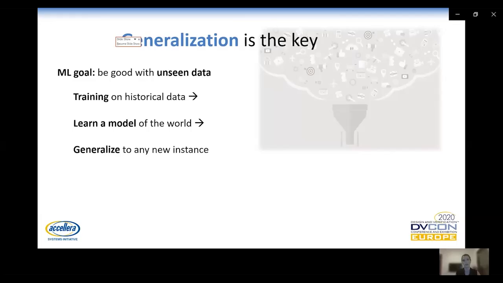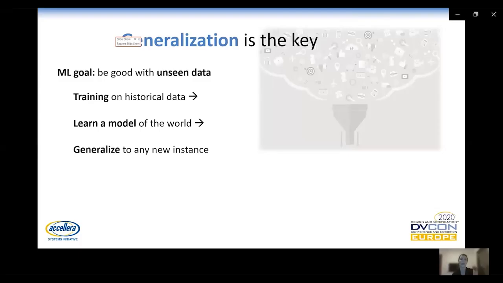So we need to find the balance between being too general, meaning that the trained model will not be accurate enough, and being too specific to the examples that we have seen in the historical data. Then when unseen data arrives, it won't be able to predict accurately. And this is the art of data science: to generate a model that is robust enough to meet those two trade-offs.